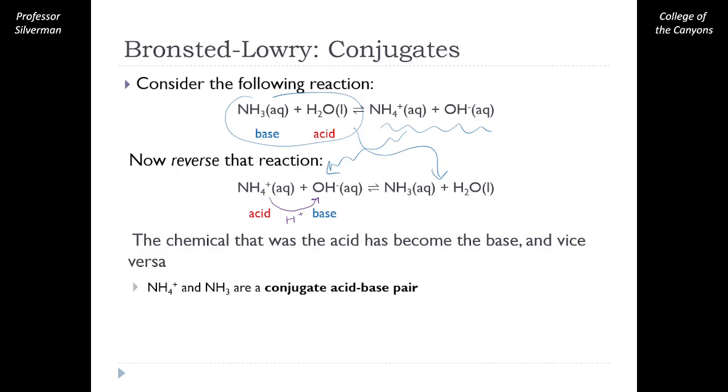If we think about what we drew on the previous slide, we said that NH3 was turning into NH4+, or in other words, something that was a base, NH3, turned into something that is an acid, NH4+.